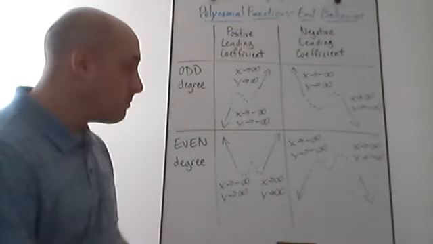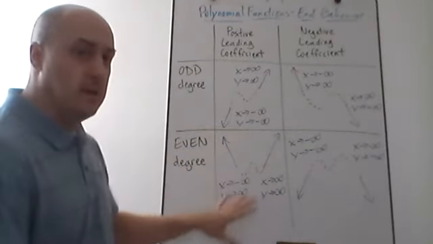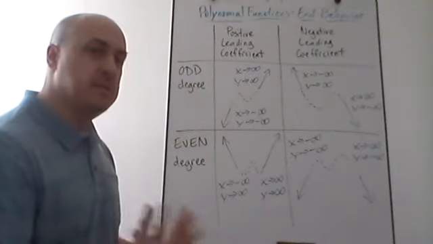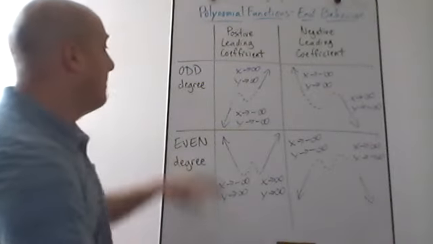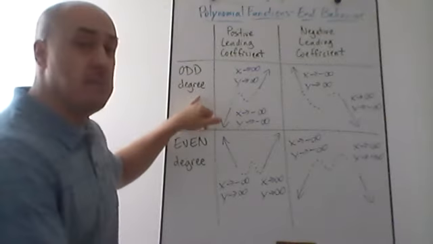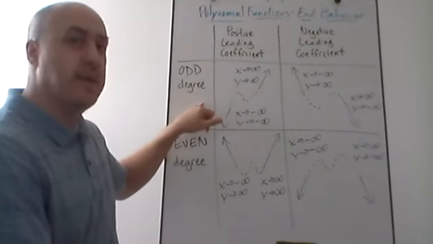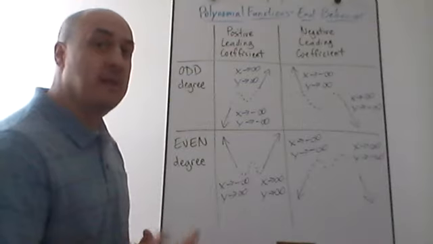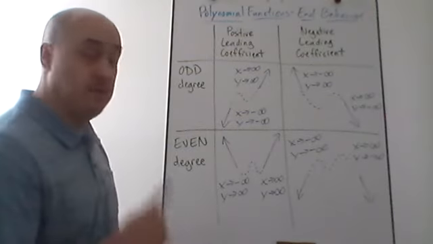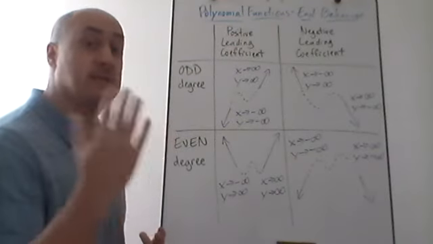I put up a little table here so you can hopefully see some of the patterns and similarities. First off, if we have an odd degree polynomial, that means the highest exponent is an odd number, like x to the first power, x to the third, x to the fifth.